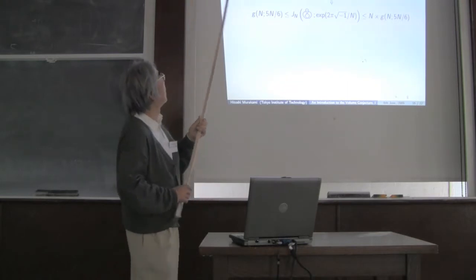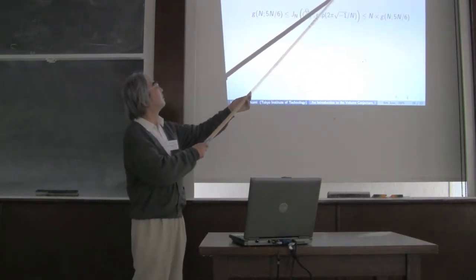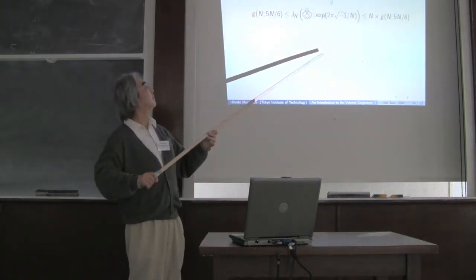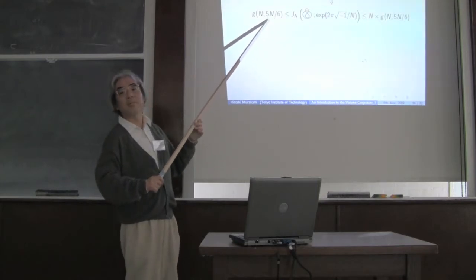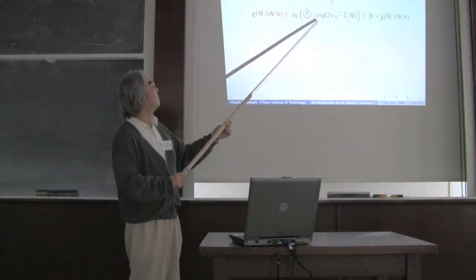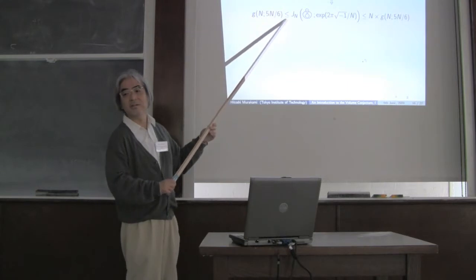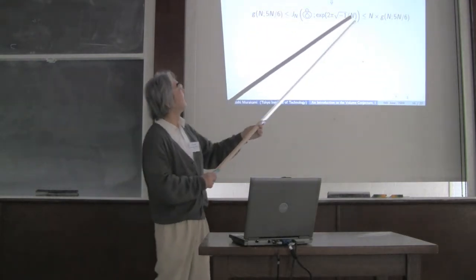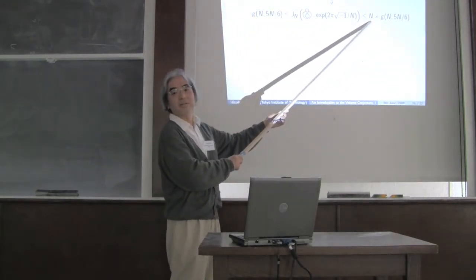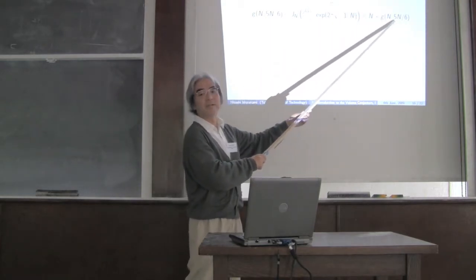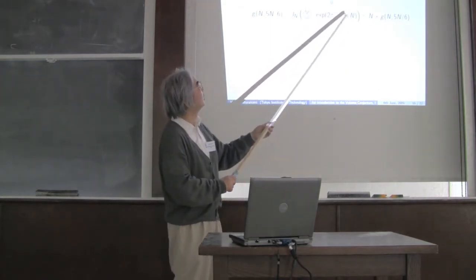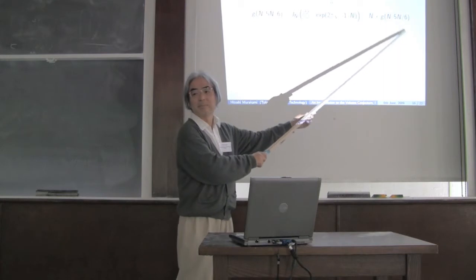Because each term is positive, the sum is bigger than one term. And there are n terms, and the maximum is this one. So the sum is smaller than n times the maximum.